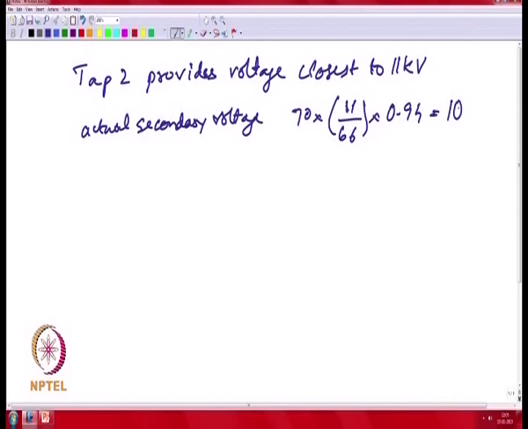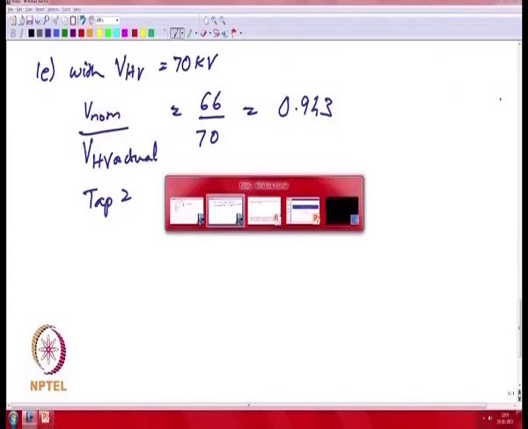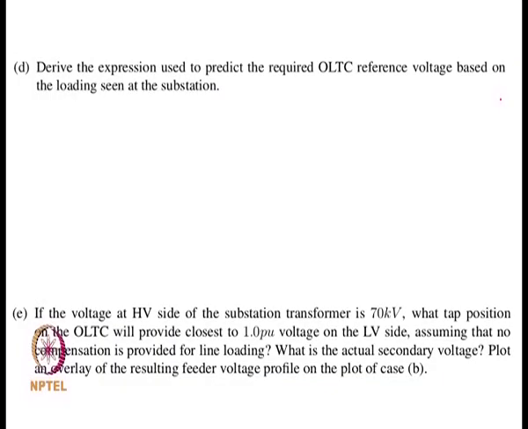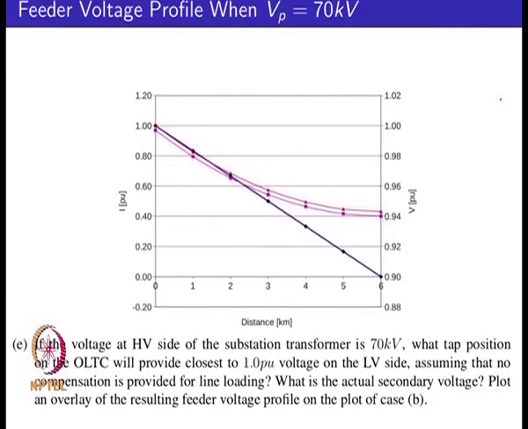So you have 10.97 kV, and then if you look at the corresponding feeder voltage profile, the red one starting from 1 per unit is the one corresponding to the base case where you have 1 per unit at the substation at Vs, so at d equal to 0.